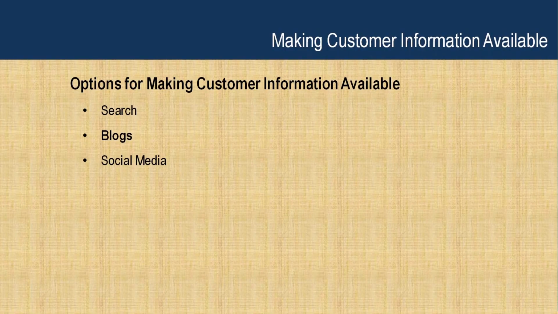Another option for making customer information available is blogs. The blogs can be textual blogs, audio blogs or video blogs, and these blogs, which are a series of pertinent information from the organization to the customer, are now becoming quite useful in the professional marketing or B2B marketing arena.